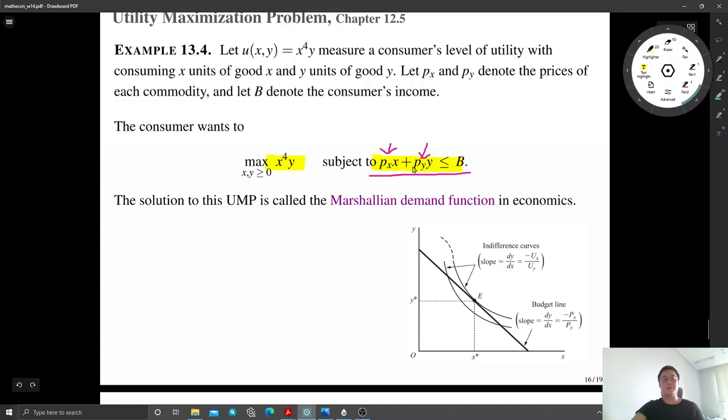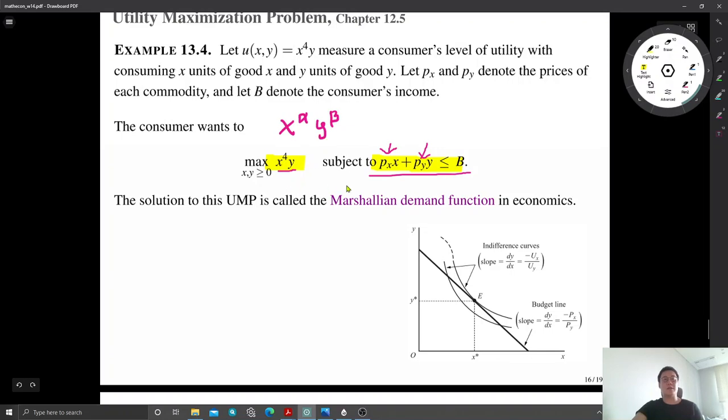So the constraint is given by a linear form. And the objective function is quasi-concave, because that is a Cobb-Douglas form, x to the power alpha and y to the power beta. No matter what alpha and beta are, it is quasi-concave.